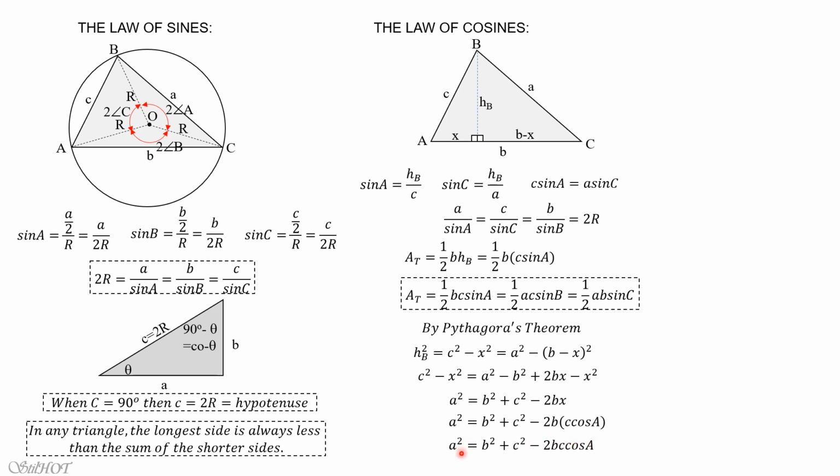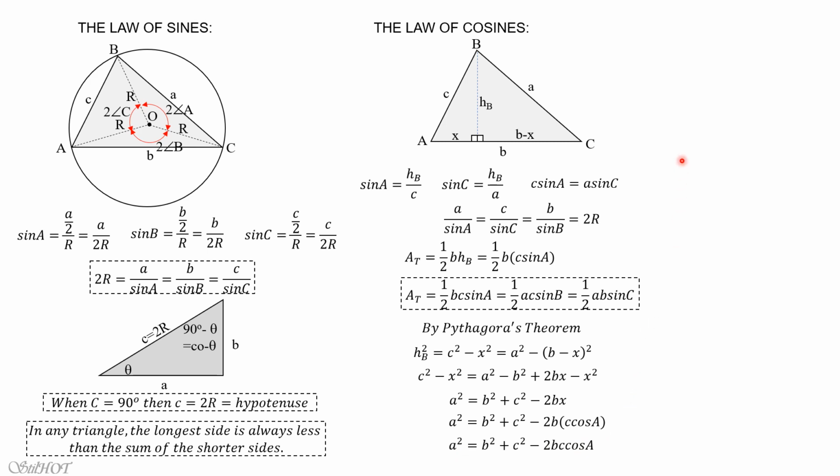This formula says that any side squared is equal to the sum of the squares of the other two sides, minus twice the product of these other sides, times the cosine of the angle opposite to this side a.